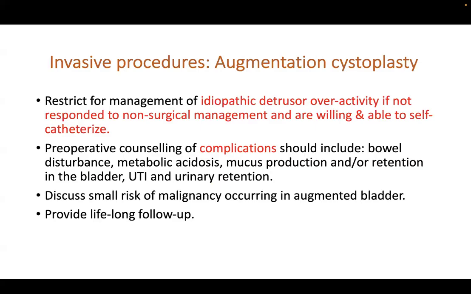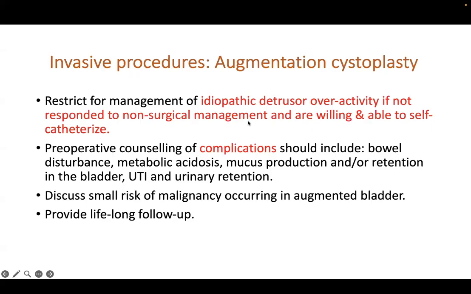And the last treatment, augmentation cystoplasty and urinary diversion. What is augmentation cystoplasty? We know in OAB the bladder capacity has reduced, the bladder size has become reduced, so the patient cannot hold urine. So what happens here, part of the bowel is used to increase the size of the bladder.